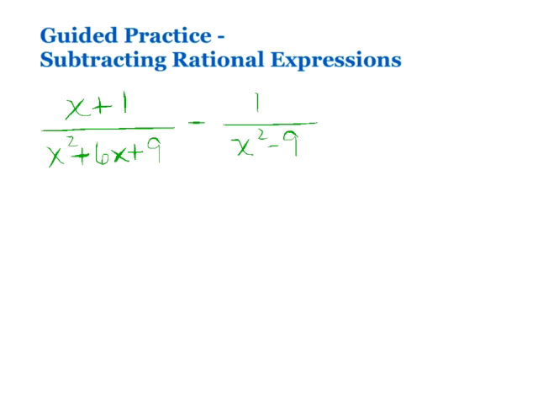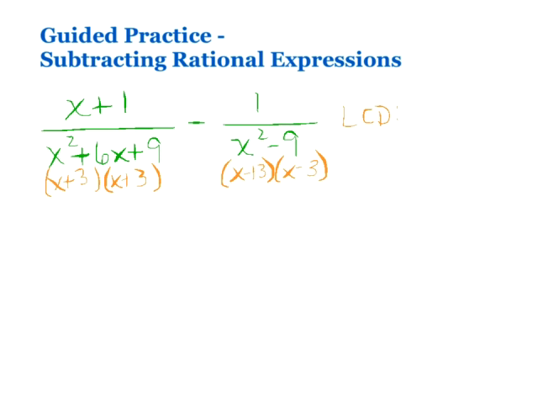All right, so for our last problem here, our LCD is going to depend on the factors. Here, our factors are x plus 3 times x plus 3. And here, the difference of squares will give us x plus 3 times x minus 3. So very similar to the last problem we just did. So for the LCD, I have 2 x plus 3's here compared to just 1 over here.